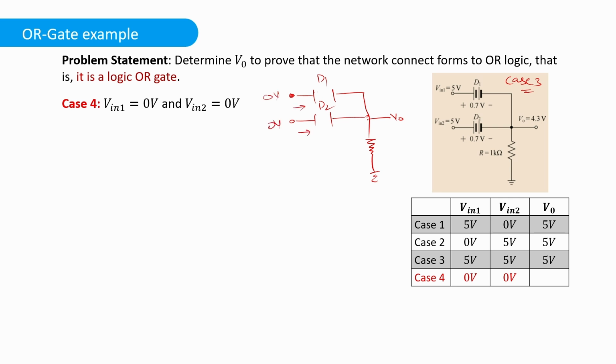And if there is no flow of current, there will be no output voltage measured over here. So it is really obvious and easy to understand that when there are no inputs, we have no output voltage. So we can directly write it as 0 volts for case number 4.